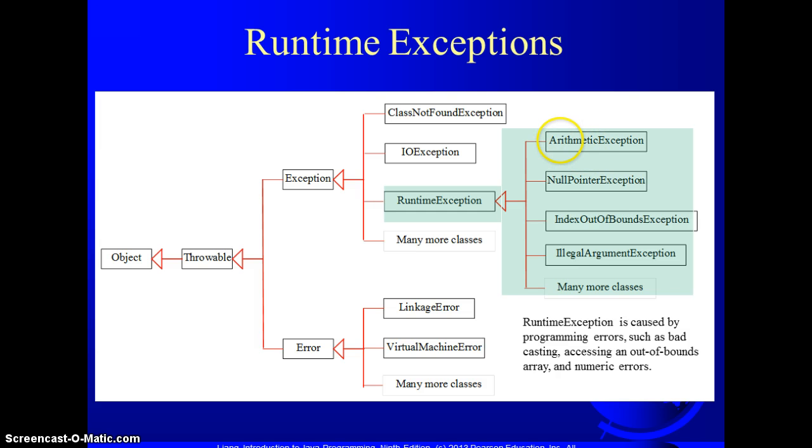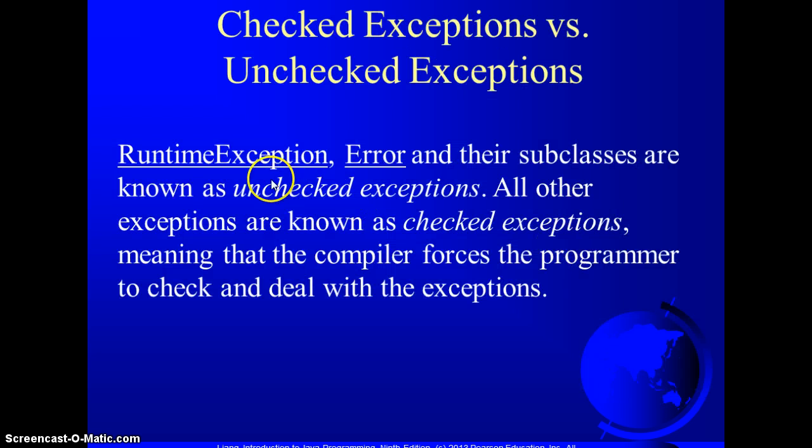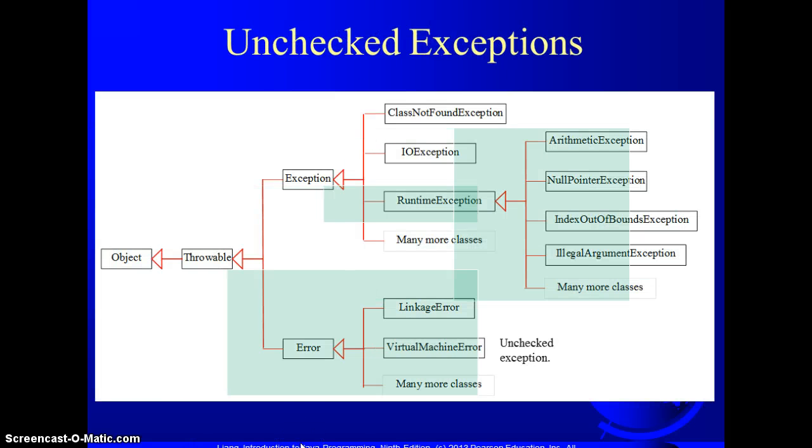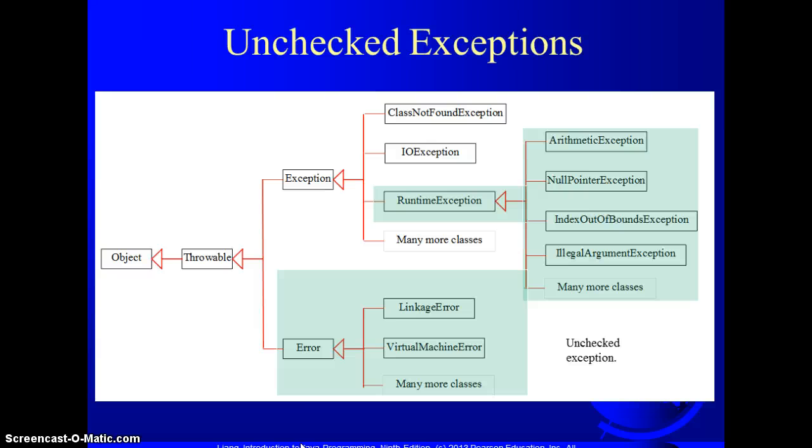We know that we can just do the division, right? So those are unchecked, right? Runtime exceptions are unchecked. The checked ones, like IOException, you are required to handle. And we're going to see that in an example later on. So these are unchecked exceptions. These are checked.